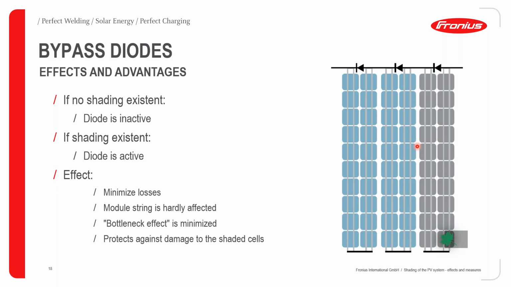So the effect is it of course minimizes losses. The module string is hardly affected, and the bottleneck created by this shading is mitigated to the least, and it protects against damage to the shaded cells.